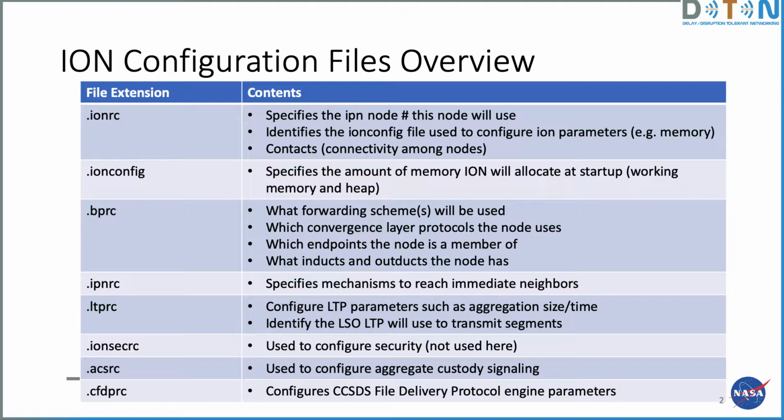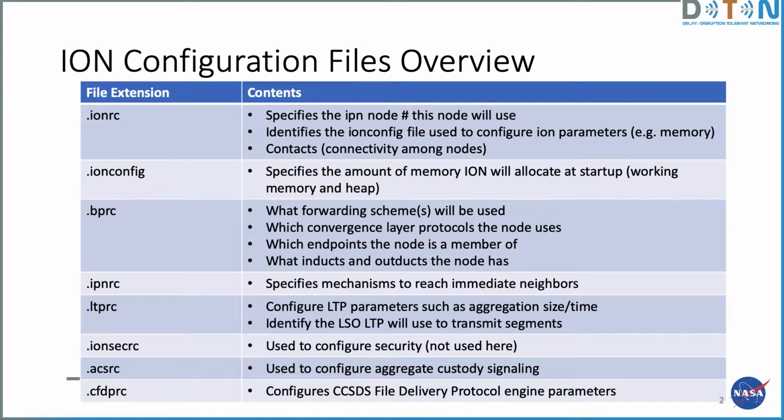The .3 there identifies the service number, so that node number 1 is a member of 1.3, and that needs to be configured in the bprc file or done programmatically.